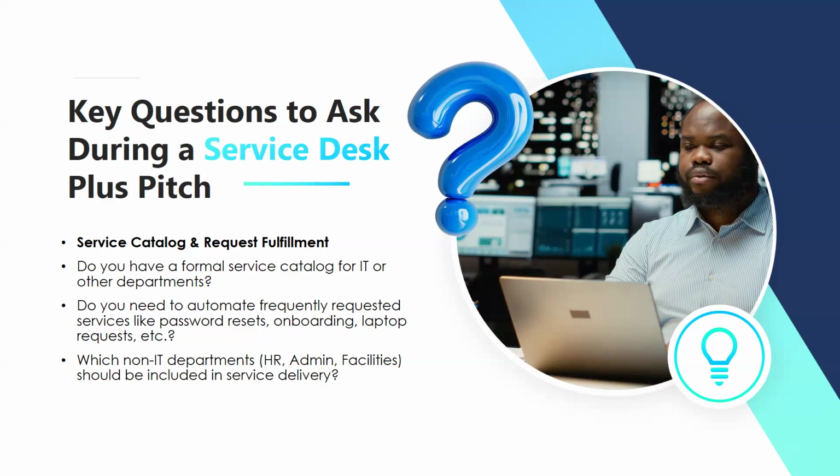The enterprise service means that you have to get different instances for HR, different instances for admin, different instances for facility. Meaning that, for example, as a staff in the organization, I want something relating to my pension. I would not need to send such kind of request to the IT.